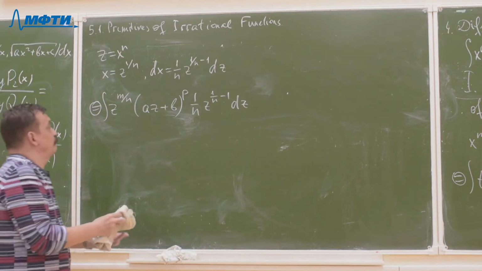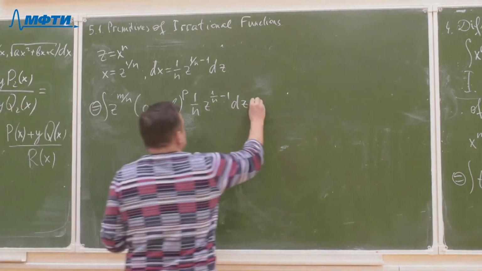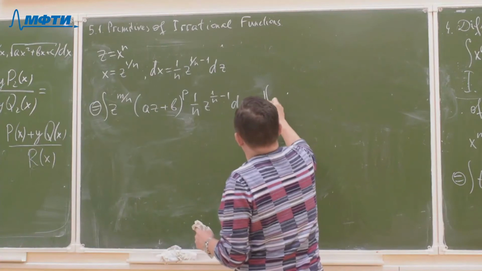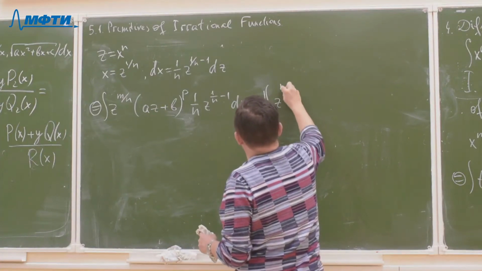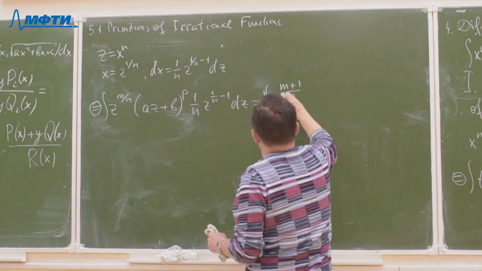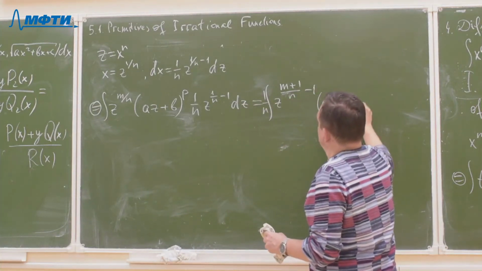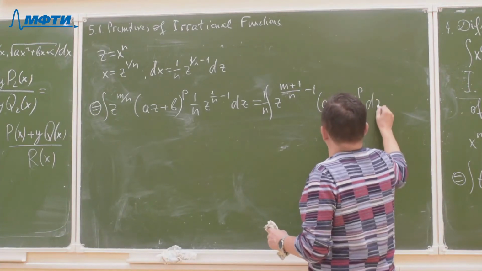Let me write explicitly: 1 over n, z to the power m plus 1 over n minus 1, (az plus b) to the power p dz.